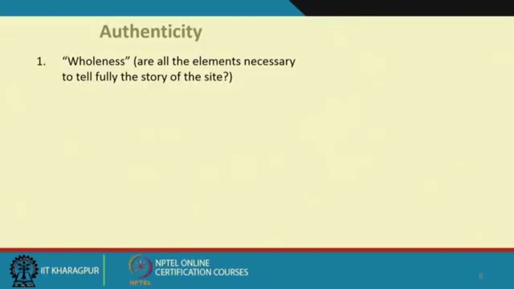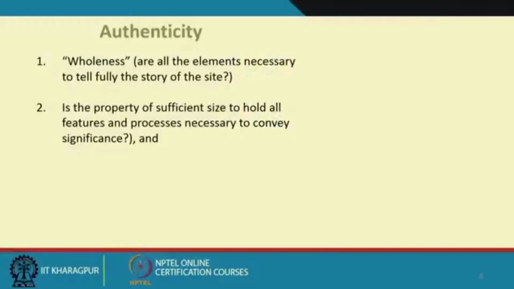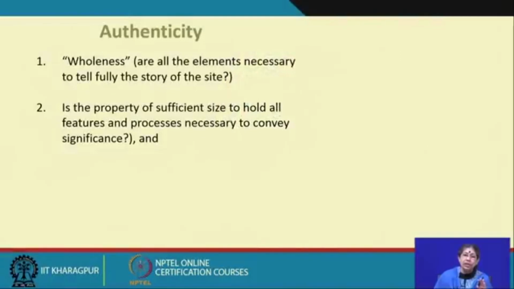Authenticity means wholeness. Are all the elements necessary to tell the full story of the site there? Is the property of sufficient size to hold all the features and processes necessary to convey the significance?